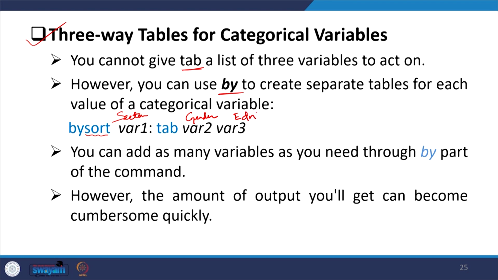It will sort the variable and its entries, then compare the tabulation of the other two variables. You can add as many variables as you need through the by part of the command.